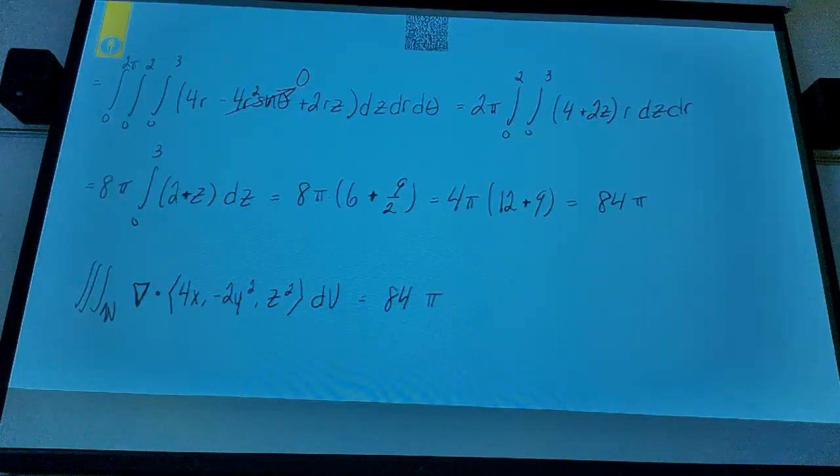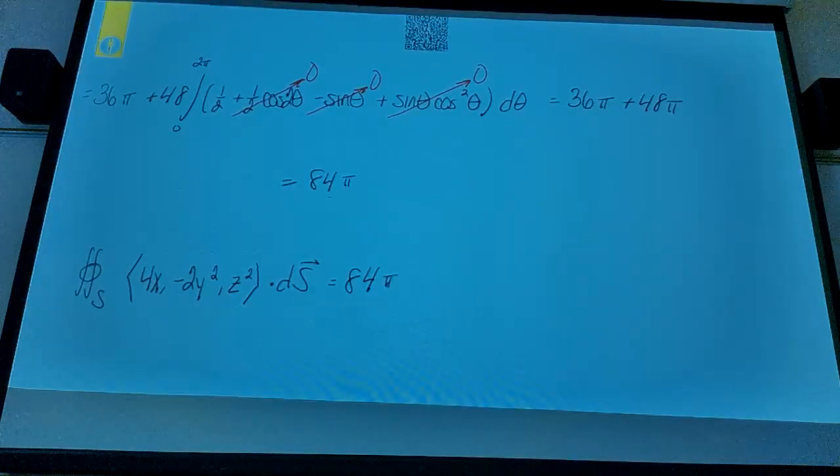Our triple integral gave us 84 pi. Isn't that what the surface integral was?